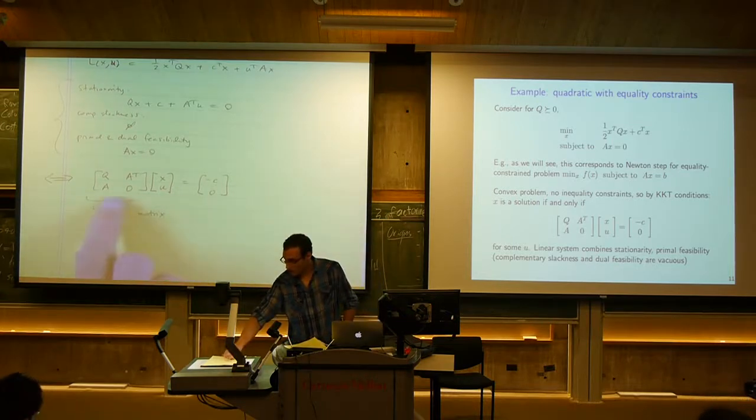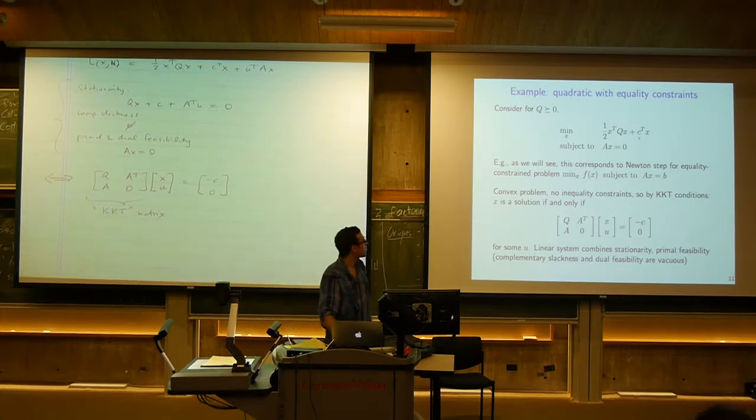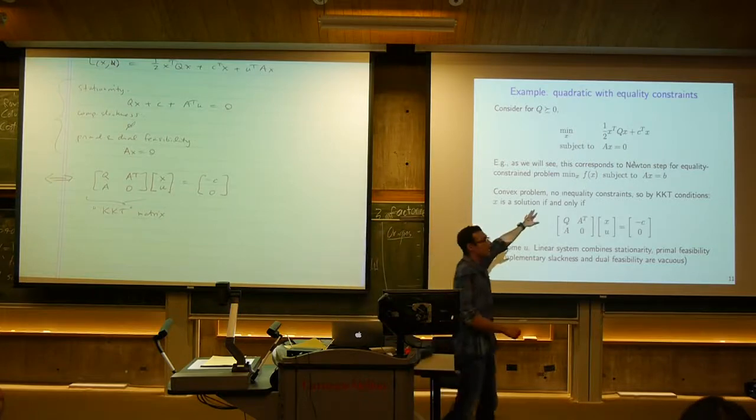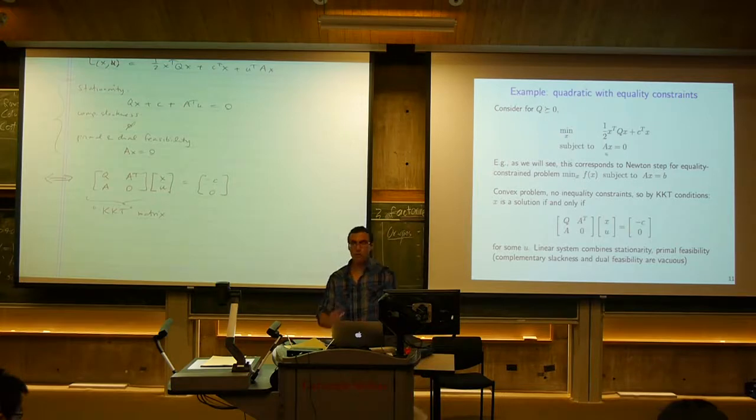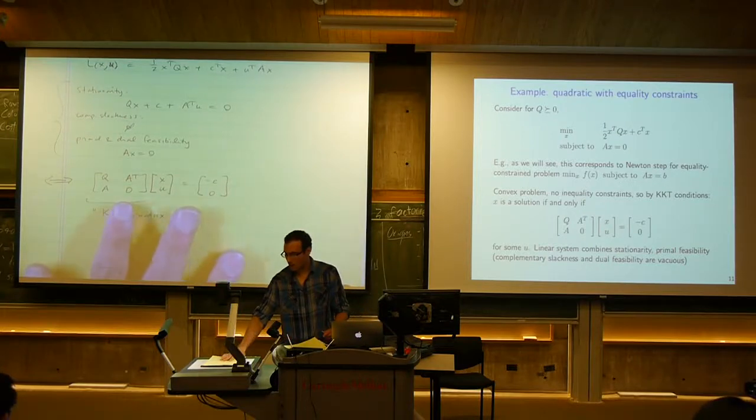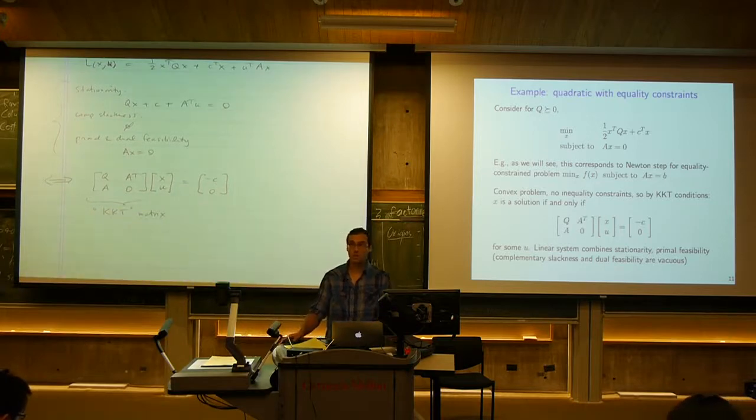Just write x, u is equal to this matrix inverse times this because of the equality constraints. If you didn't have the equality constraints, then you can just take the gradient and set it equal to 0, quite straightforward. With equality constraints, things are certainly more complicated. And what we see from the KKT conditions is that actually we can still write down a single linear system and use it to solve for x, as well as the dual variable u.